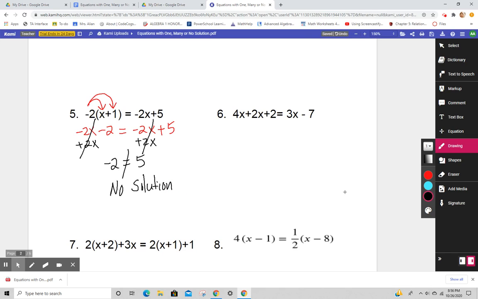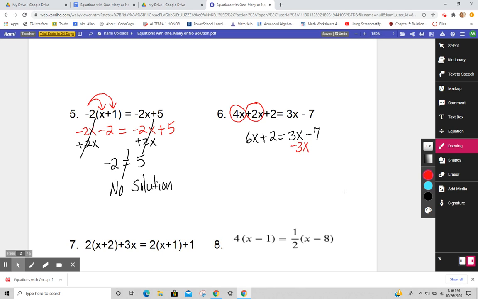Okay, let's keep going. Number 6. Let's combine the like terms. 4x plus 2x. That gives us 6x plus 2 equals 3x minus 7. Let's get all of the x's on the same side.